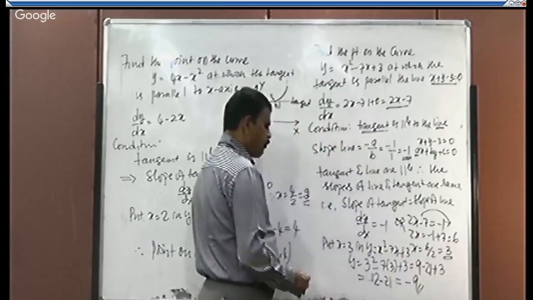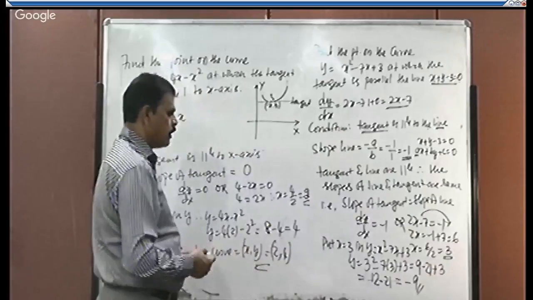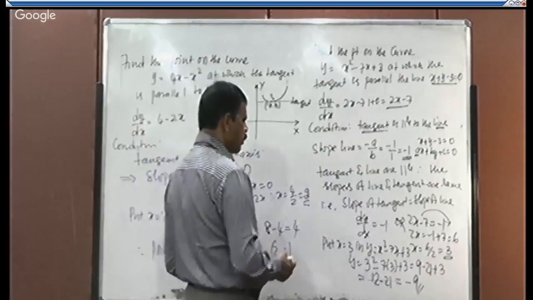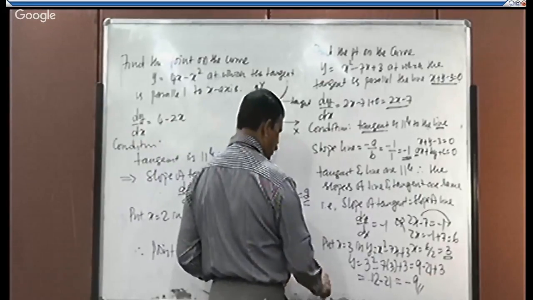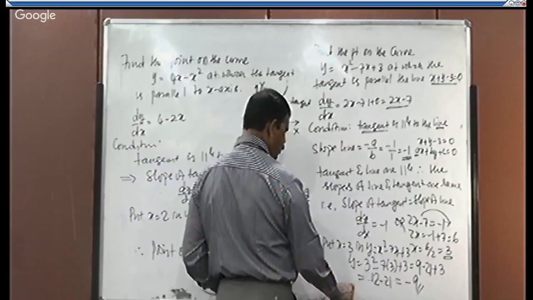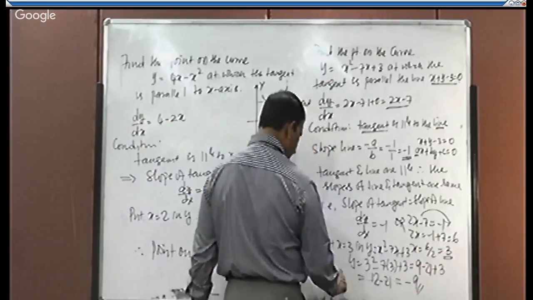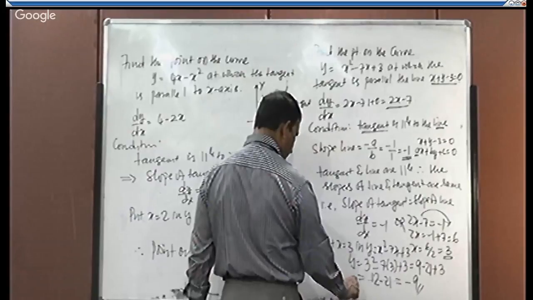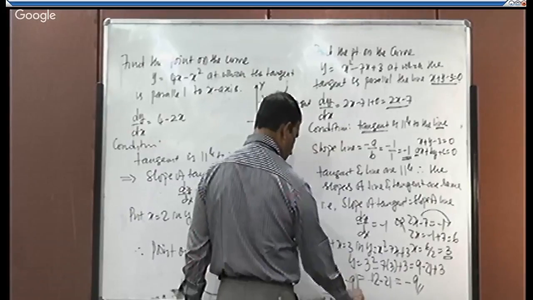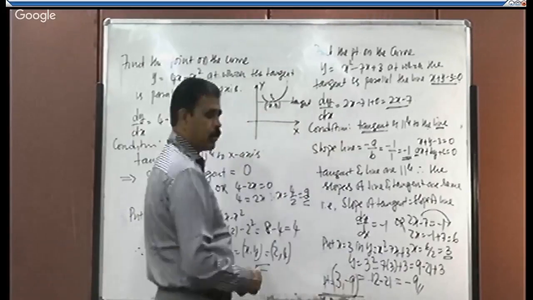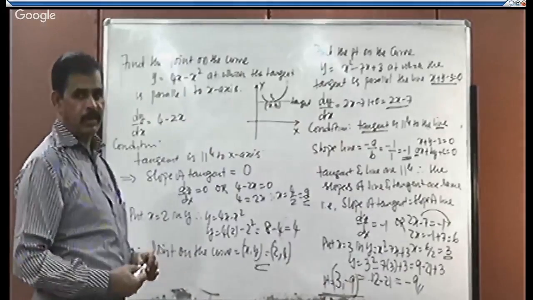So y is equal to minus 9. Therefore, the point on the curve is 3 comma minus 9.